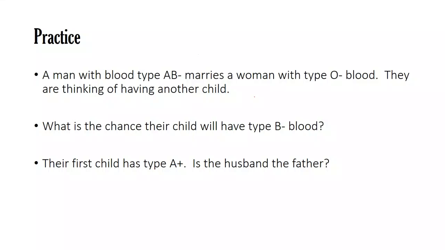I would love for you to work on and complete up to number 23 in your packet. So do these blood type problems, go to number 23, and if you are thinking of taking AP Biology next year, I highly recommend that you do that challenge problem. I recommend that everyone else try it because it is kind of a fun one to solve.